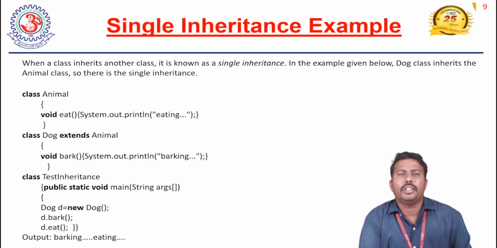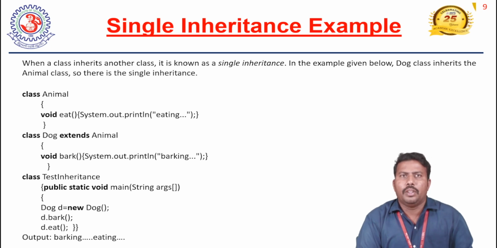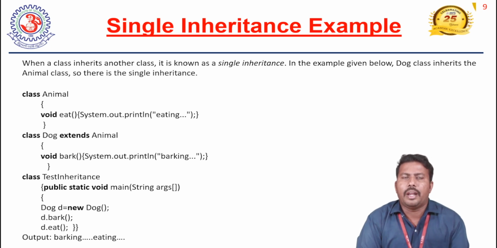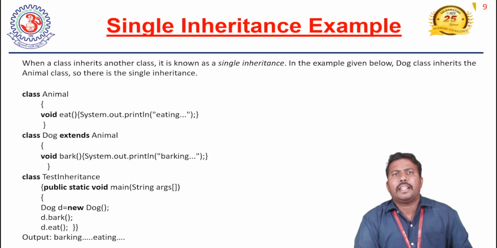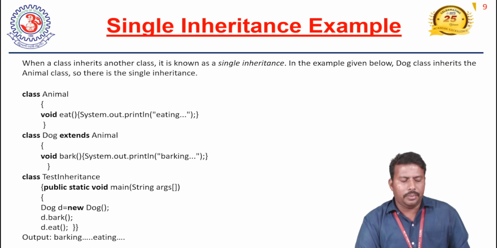The dog is a new class which is created with respect to a superclass called animal, and from the animal class we are extending the class dog. In the dog class we write a method related to bark. Here the extends keyword plays an important role in extending functionality from the animal class to the dog class.